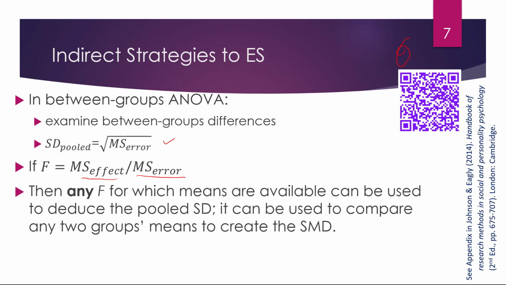And that implies that if there's any F that's reported and you've got the means available, then you can deduce the pooled standard deviation. And then you can go ahead and use the pooled standard deviation to compare any two groups' means to get to your SMD.